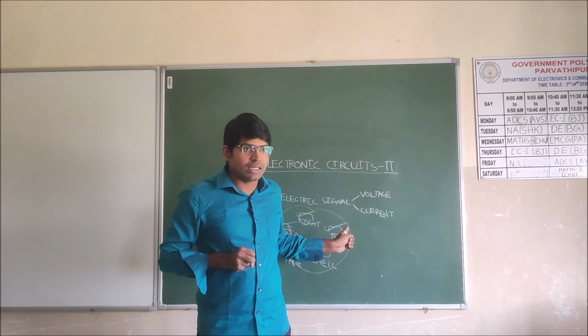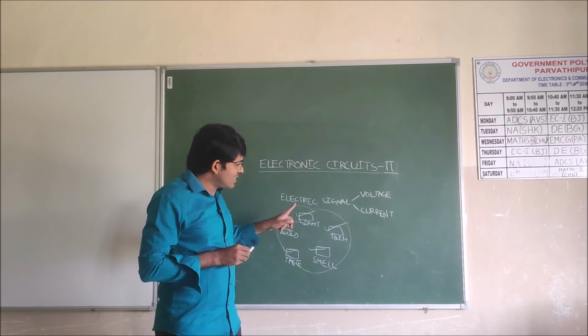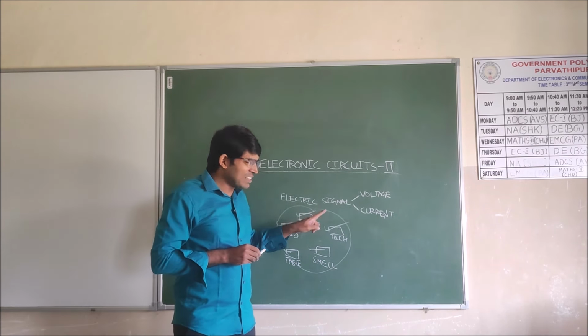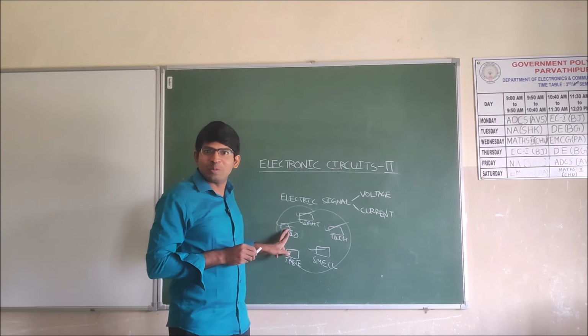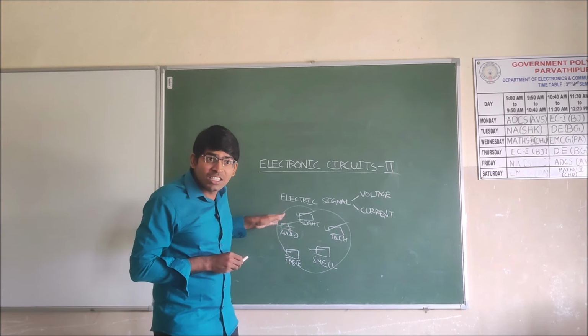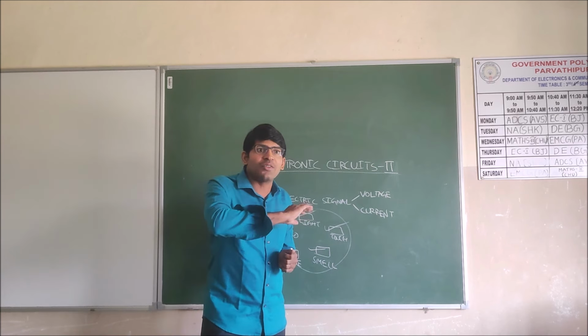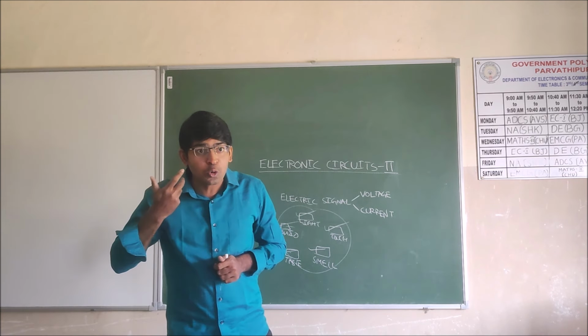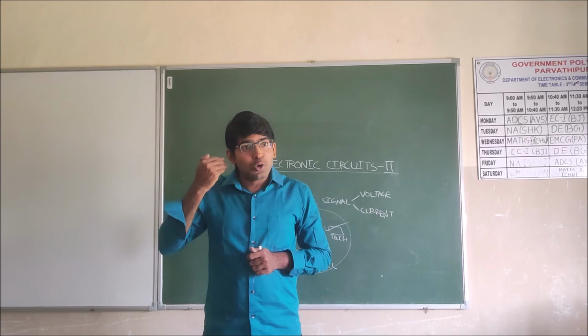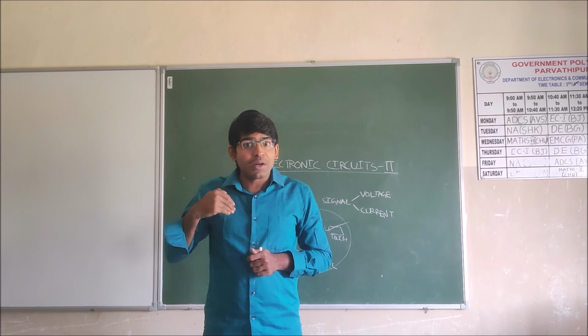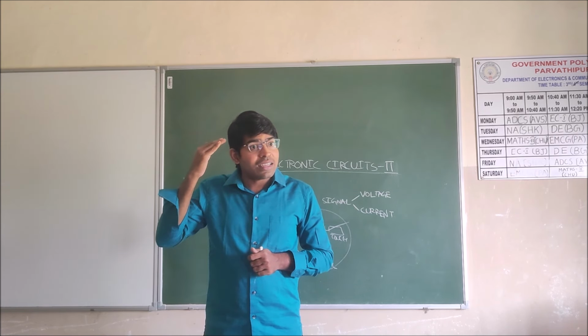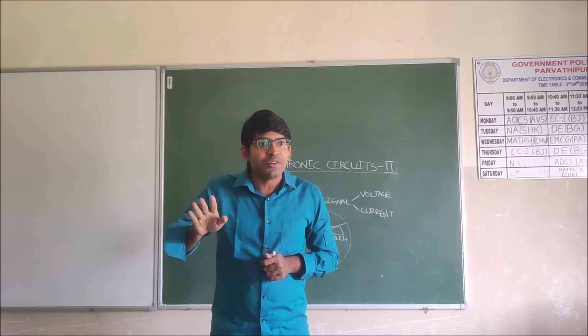These are the physical signals. See, this is light. This is an audio signal, a sound signal. These many physical signals we are converting into electrical signals without knowing. Whether we know it or not, our senses are doing that activity.